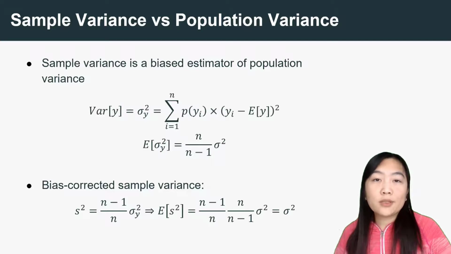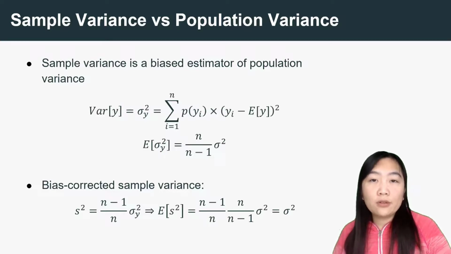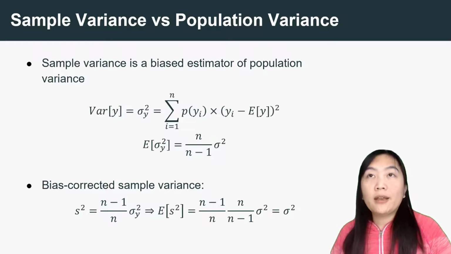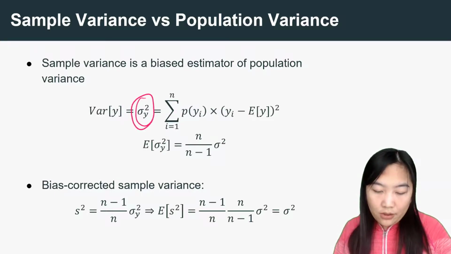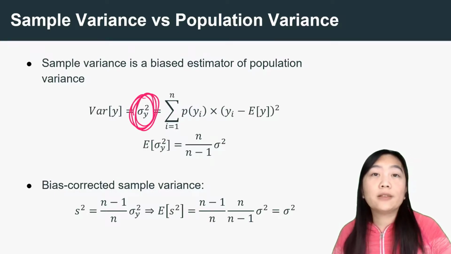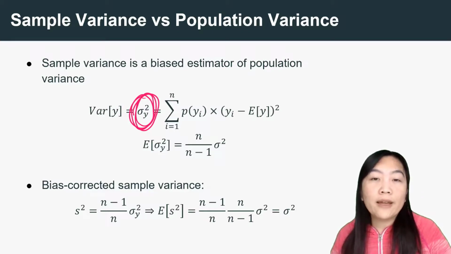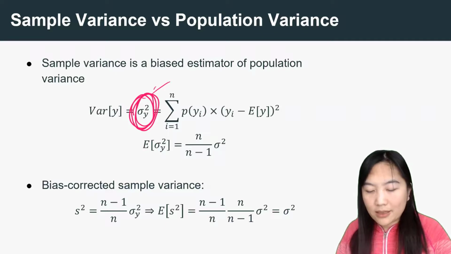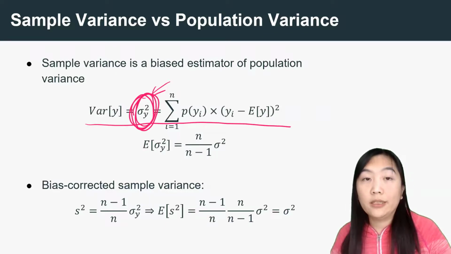So in AREC 333, if I ask you to calculate the variance of some data that I give you, you simply need to calculate this one. There's no need to correct for the bias of this estimator. It's okay that you just calculate this variance.